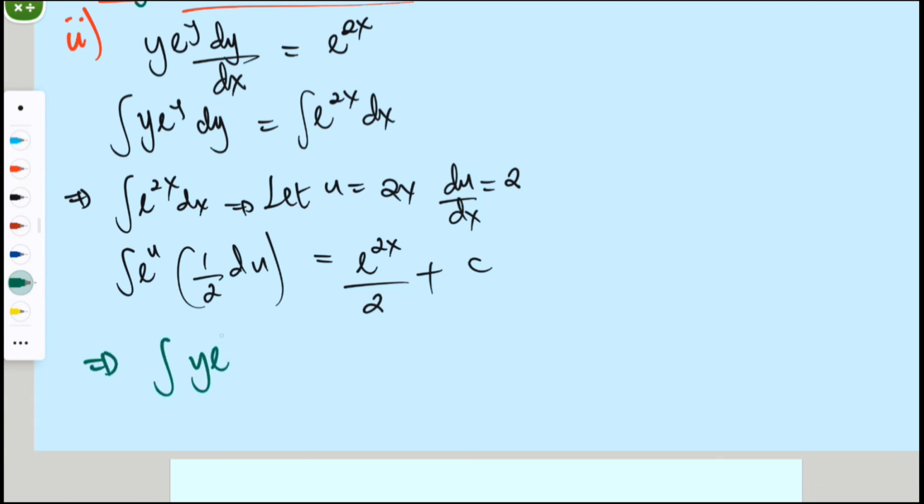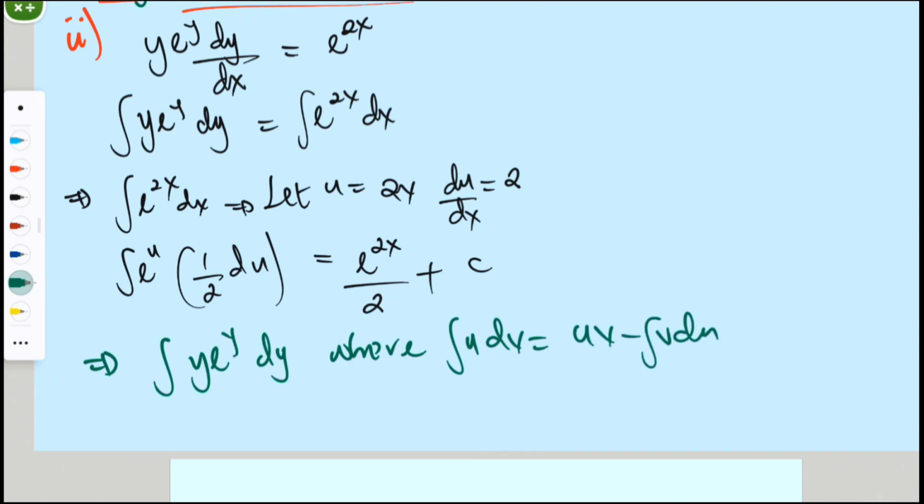Now for the integral of y e to the power y dy, we use integration by parts again, where the integral of u dv should be equal to uv minus the integral of v du.